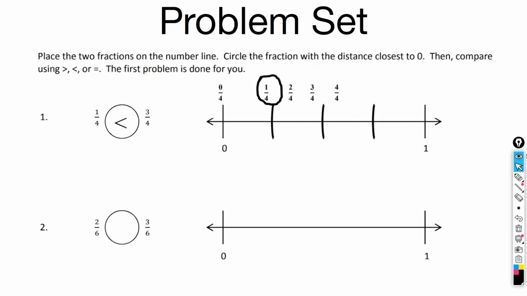They had 1/4 and they had 3/4. And when they labeled it, which for some reason, I don't know if your workbook is like this, but mine is not right. 4/4 should be over here. 3/4 should be here.